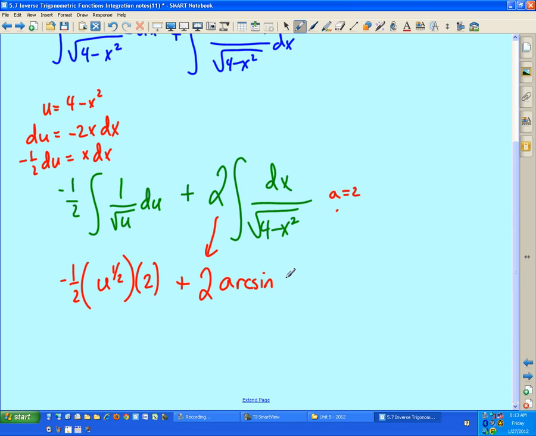So we're almost done here. I just got to multiply by 2 and divide by 2, so I get negative the square root of 4 minus x squared plus 2 arc sine of x over 2 plus c. And that is the final answer of this.